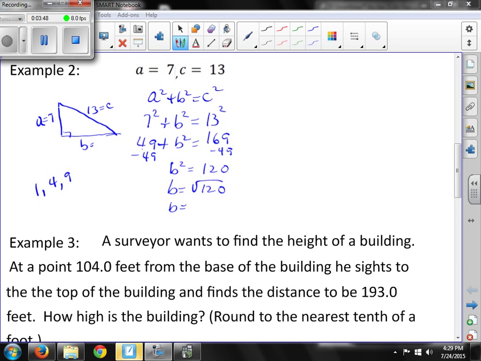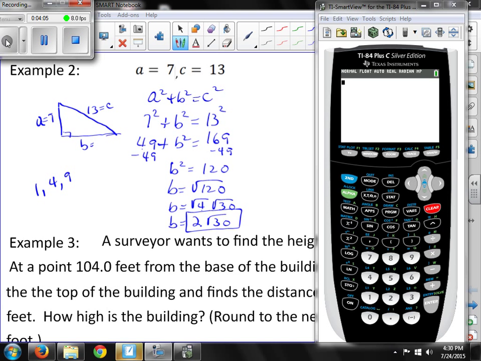I believe 4 will go into 120, so it's the square root of 4 times the square root of 30, or I have for B 2 square roots of 30. That's what B is equal to. Now it wants it rounded off to 3 decimal places, so I'm going to get my calculator out. 2 square roots of 30.